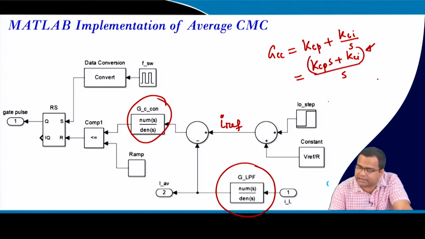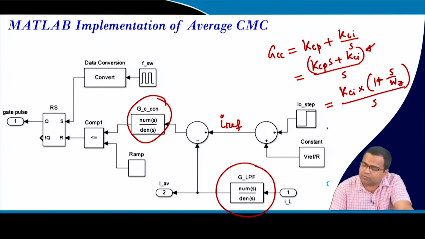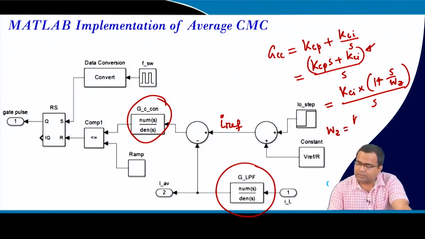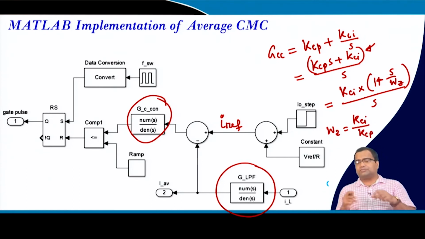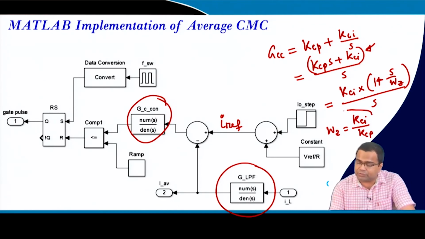I want to represent this in this form. That means if I take KCI common, 1 plus S by omega Z, divided by S. And what is omega Z? It is nothing but KCI by KCP, because we are dividing by KCP.